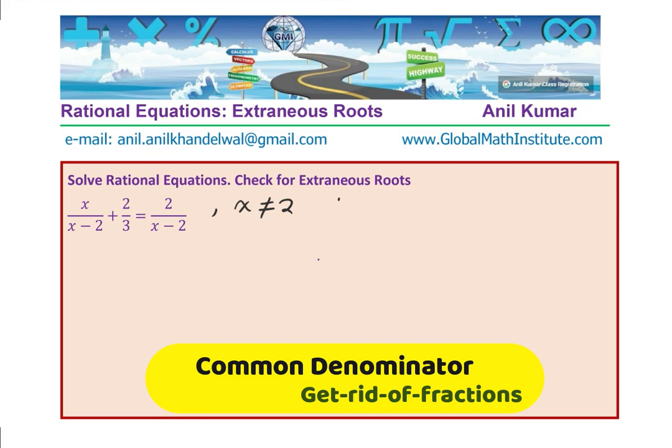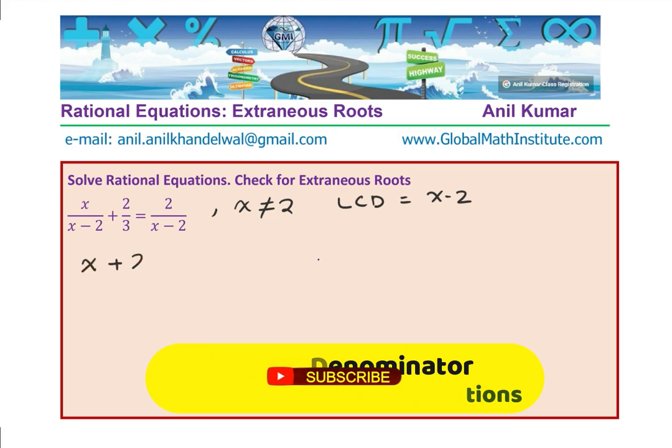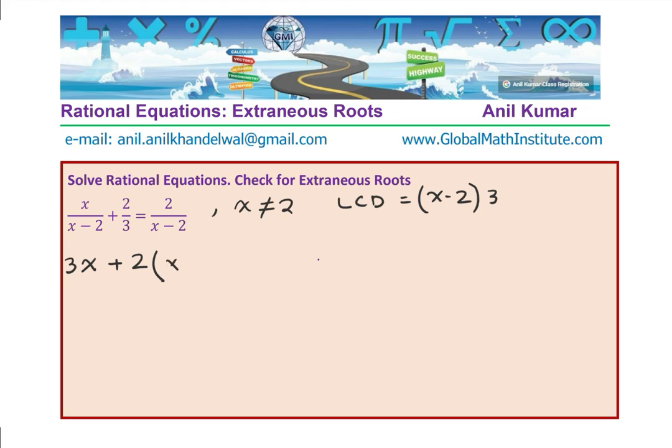And then we have the lowest common denominator, which in this case is 3 times x minus 2, right? So multiply each term by 3 times x minus 2.